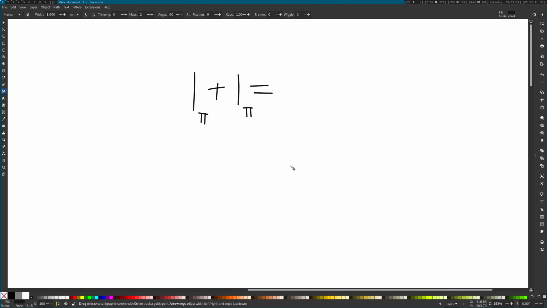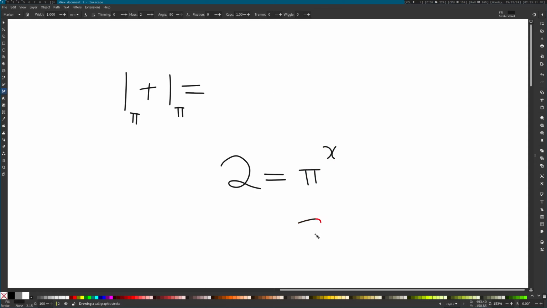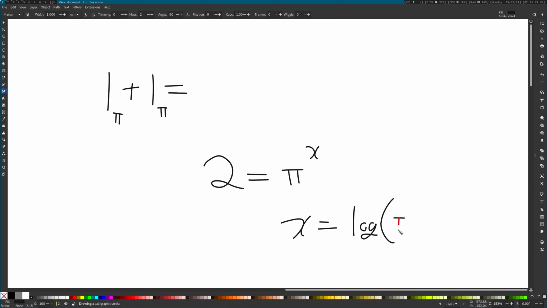Alright, so 2 is equal to pi to the x. What is this? Wait, what's happening right now? He's doing 1 base pi plus 1 base pi. Because Yagnik said, "Yo, what's 1 plus 1?"